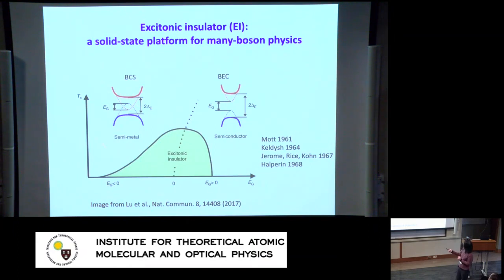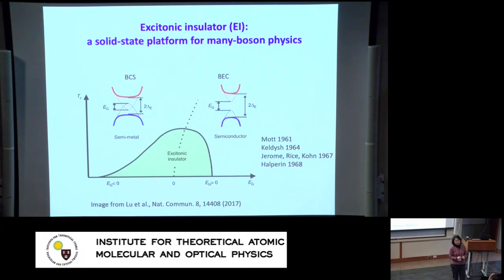So you can think about this from the semiconducting limit. In this case, if you keep shrinking the band gap of the semiconductor, at some point when the gap size becomes smaller than the exciton binding energy, excitons can form spontaneously.